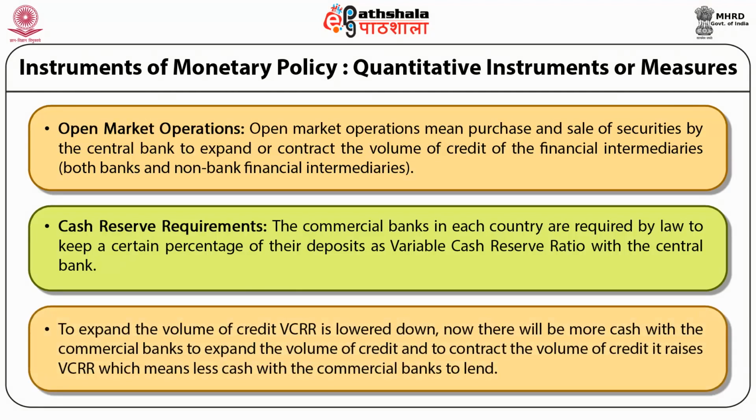To expand the volume of credit, VCRR is lowered. Now, there will be more cash with the commercial banks to expand the volume of credit. To contract the volume of credit, it raises VCRR, which means less cash with the commercial banks to lend.